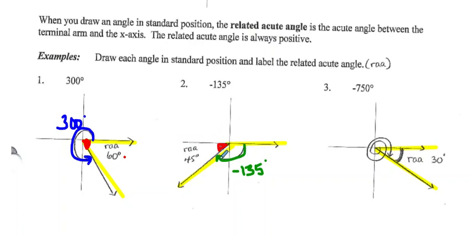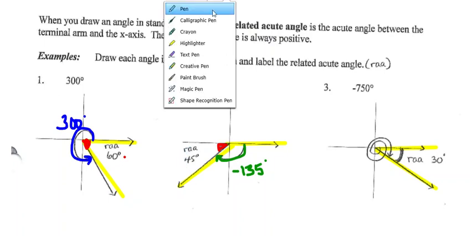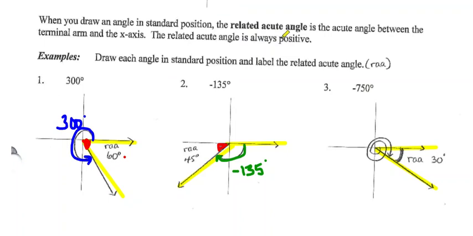So going here, you need to know how much more would I have to move to get to my 180 degrees. Well, you're going 45 degrees. Now, the related acute angle is always, always, always going to be positive. Please remember that. So anytime you are asked to give me the related acute angle, make sure it's a positive angle.